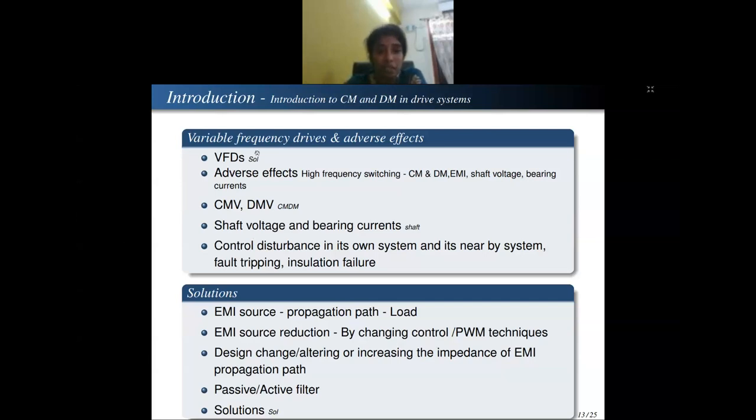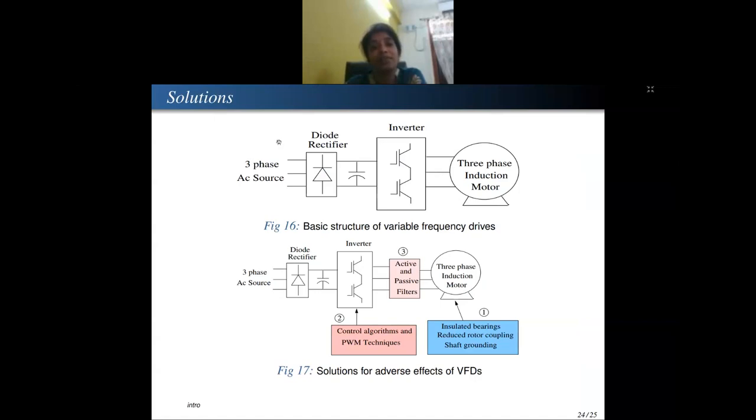So what is a variable frequency drive? The first figure, which I'm showing here with the cursor, is the basic structure of a variable frequency drive. What it basically does is control the motor. We are going to control the motor by changing the electrical input appropriately. For example, in a car, the motor which is fixed for wheel controlling should act as per our modes of the car's operation.